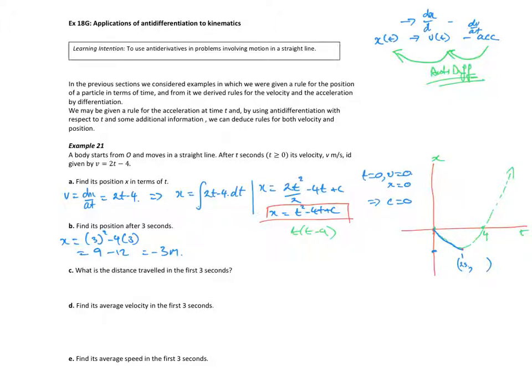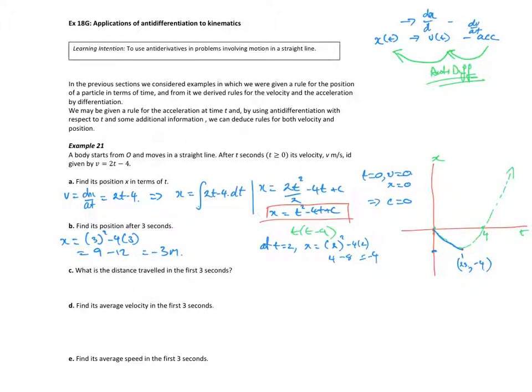So how far have we travelled? At t equal to 2, where are we? Let's substitute it into the position equation: 2 squared minus 4 times 2, which is 4 minus 8, which is negative 4 meters.